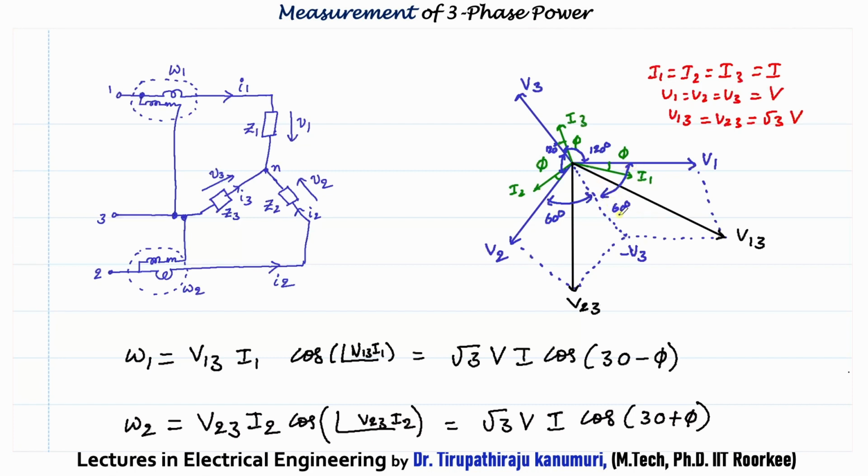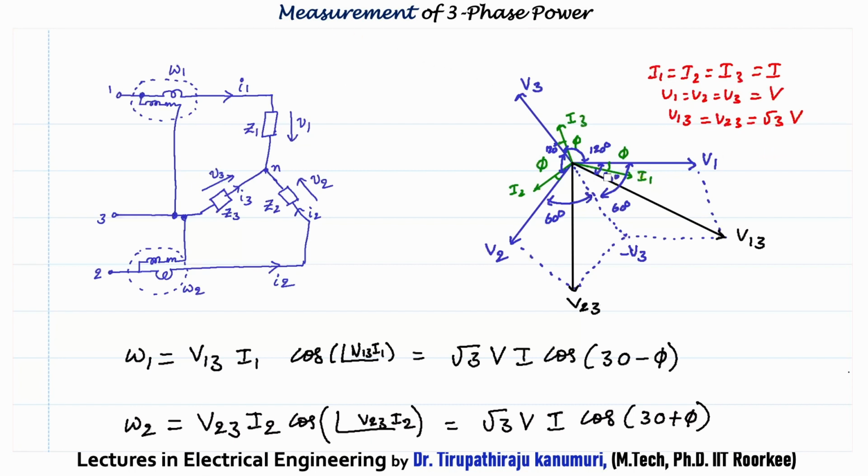Now the resultant of V1 and minus V3 will be V13, because both have the same magnitude and the angle is 60. So the resultant will be in the center of these two. That means this angle will be 30 degrees.